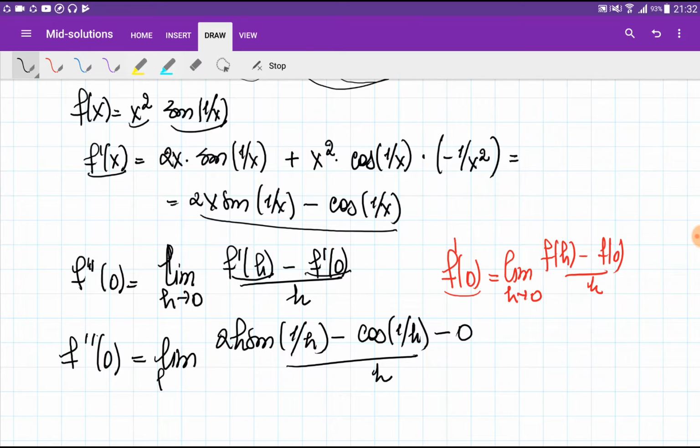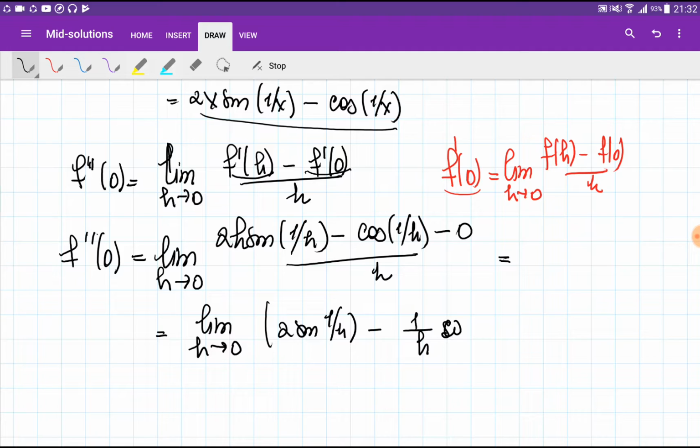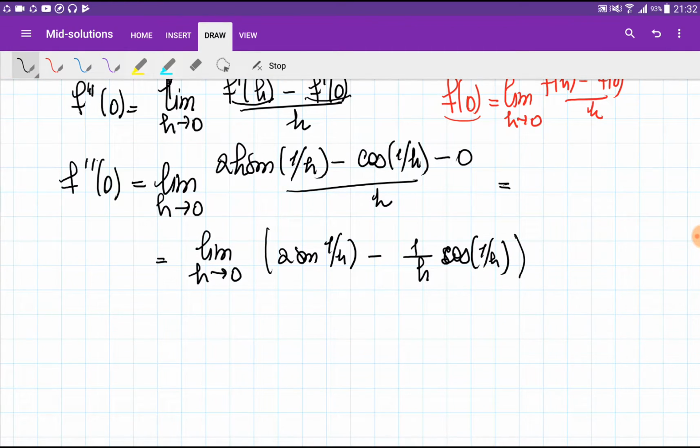So let me divide every term by h first of all. On the first part, we'll get simply sine of 1 over h minus 1 over h cosine of 1 over h. And here again, we need to use the sandwich rule in order to evaluate the second limit. I know that the cosine is always between minus 1 and 1, so it's some constant.